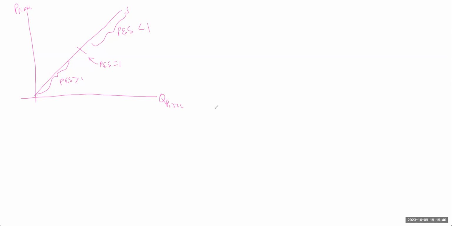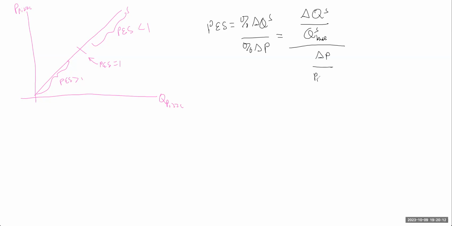The reason for that is just the way the formula works, and we'll derive it. Price elasticity of supply is equal to percent change in quantity supplied over percent change in price. And it's because of that P base and Q base thing, okay? This is equal to change in quantity supplied over quantity supplied base divided by change in price over P base.